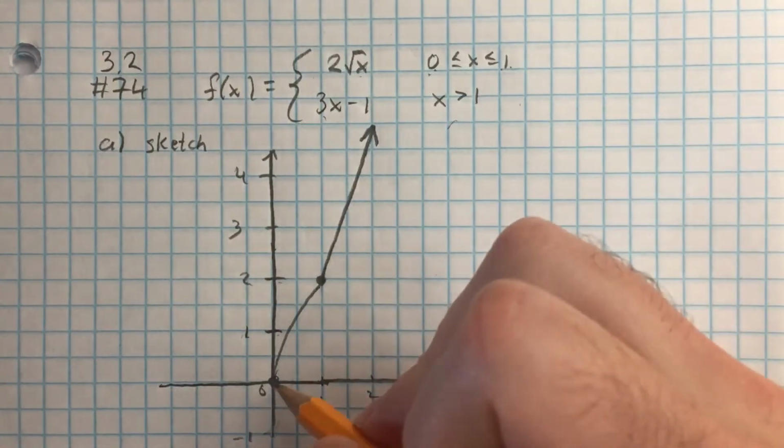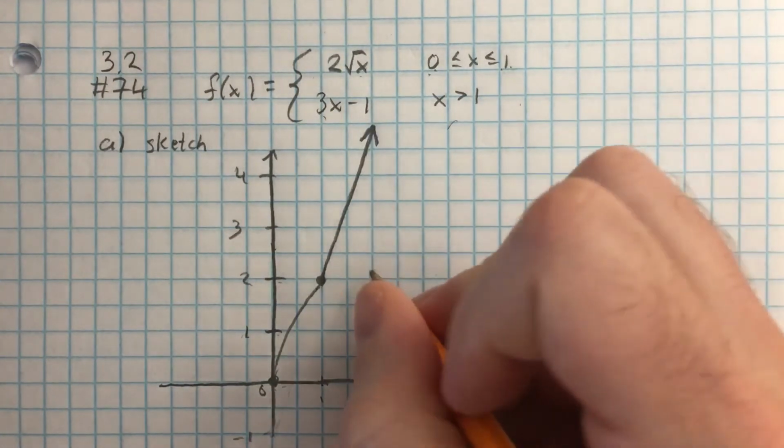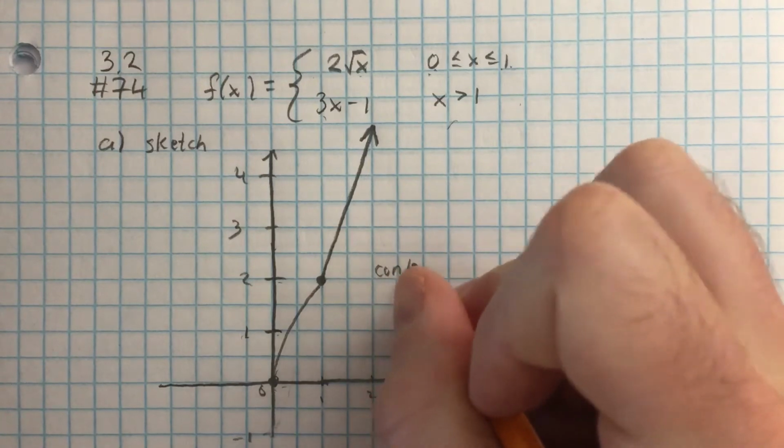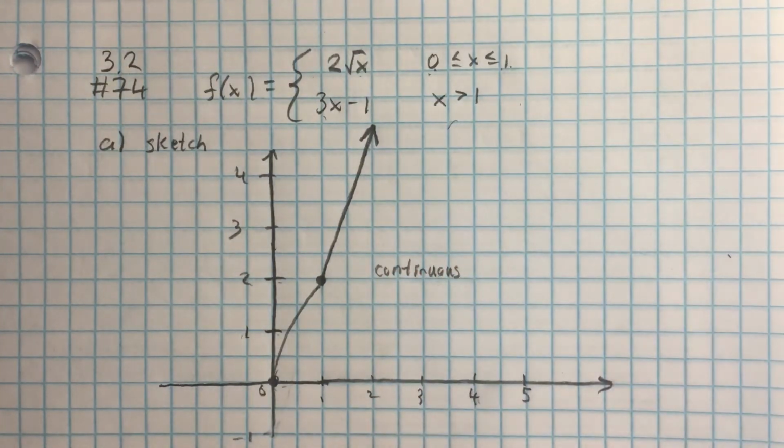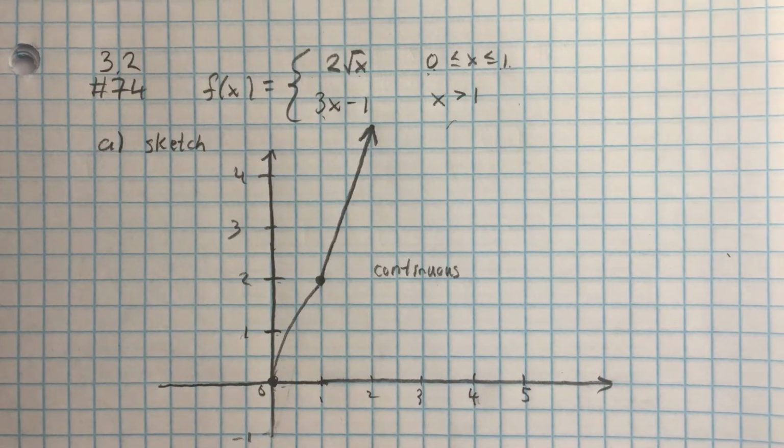So the main thing is, if you notice the way the curve looks, again, continuous. Continuous, but not differentiable. And the reason it's not differentiable is because the slope suddenly changes value there.